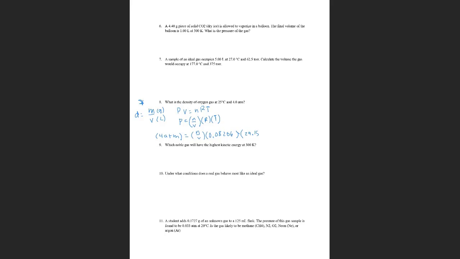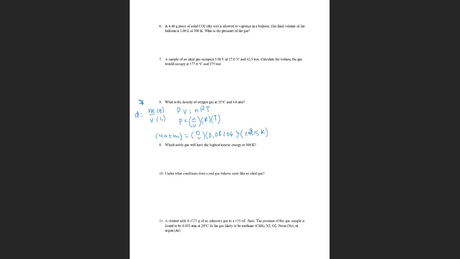So notice they give you the temperature in Celsius, so we need to convert to Kelvin. There we go.